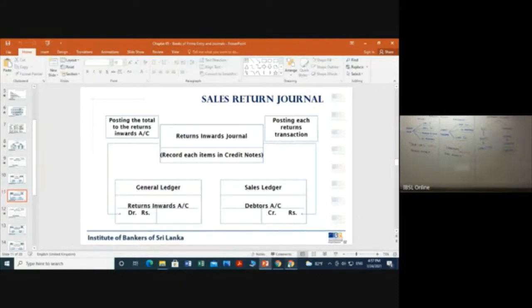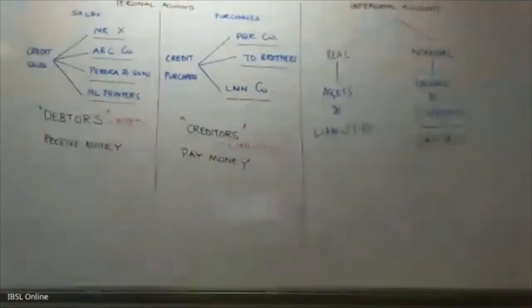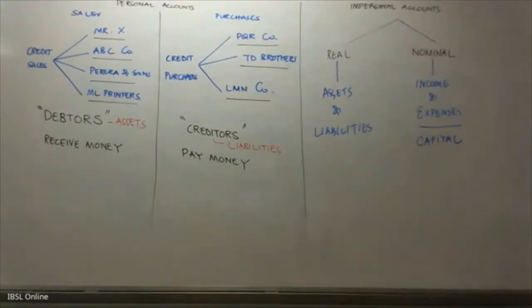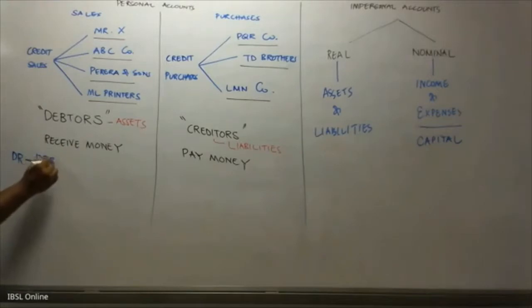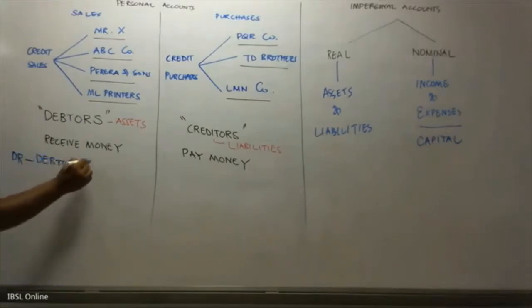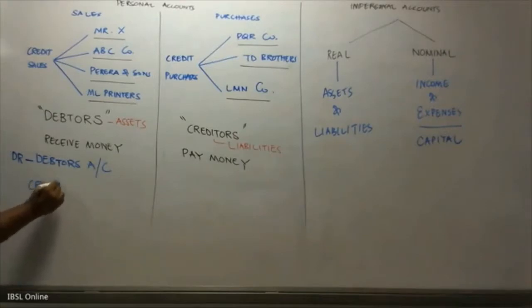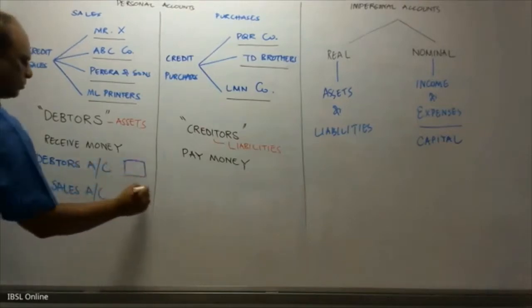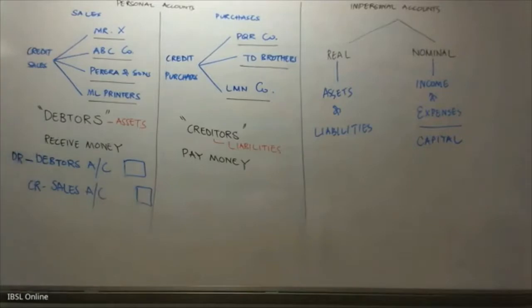Right? So let me show it here. Now here, when you do the sale, what are the double entries? You will debit the debtors account and credit sales account. This is what you do, and you will have the total amounts. Okay.